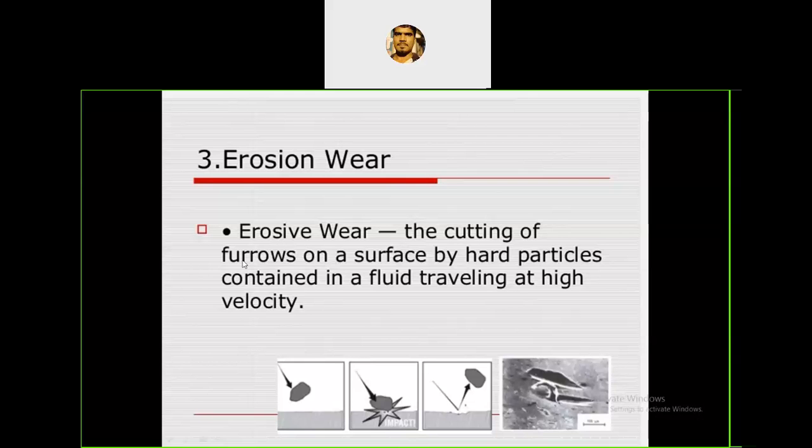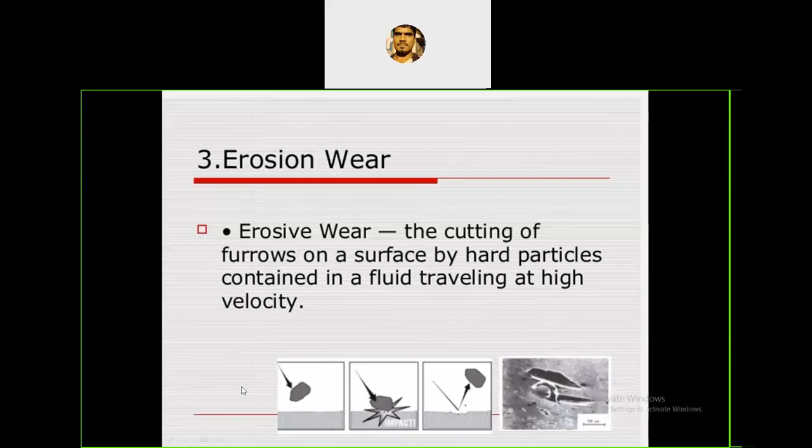You can see here, surface by hard particles containing a fluid traveling at a high speed. It means the fluid, the lubricant, which contains foreign particles or abrasive particles or dust particles, is moving with a high speed, and those particles start hitting the smooth surface of either the bearing surface or journal surface or any two meeting surfaces.